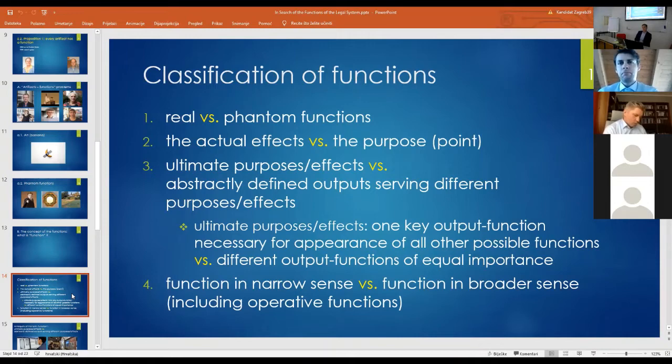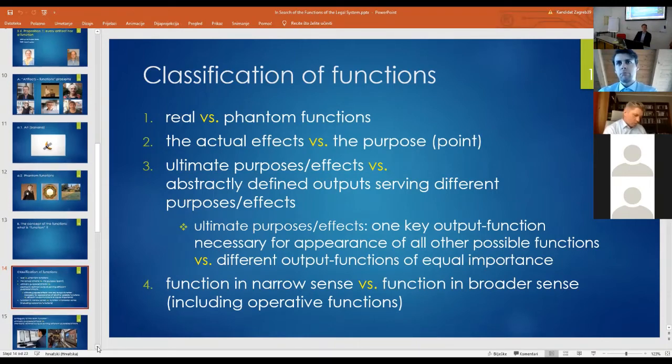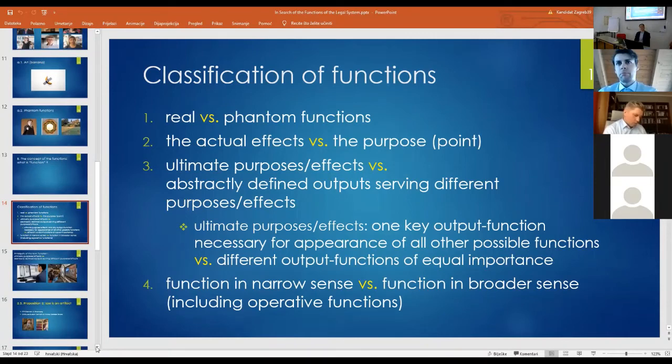Then we have this important distinction, in my view, between ultimate purposes or ultimate effects, depending on what you consider the function, versus abstractly defined outputs serving different purposes and effects. Even if you are advocating the first, that it is ultimate purposes, then the question arises: is there only one key output function necessary for the appearance of all other possible functions, or does a thing like law have different output functions of equal importance?